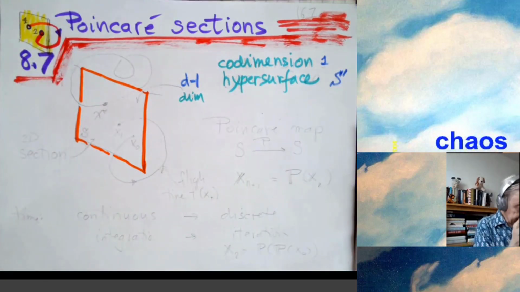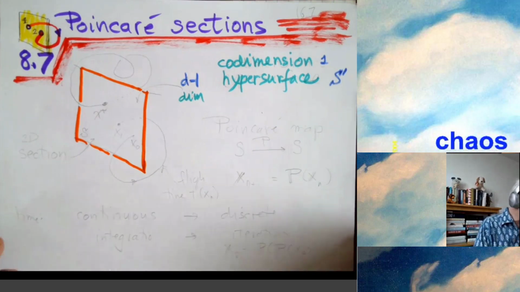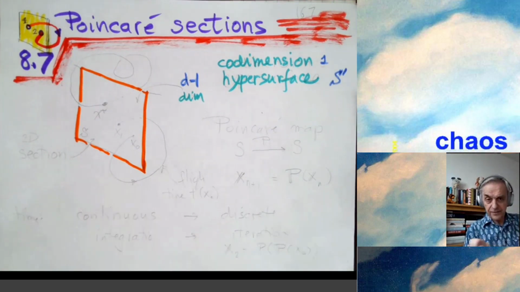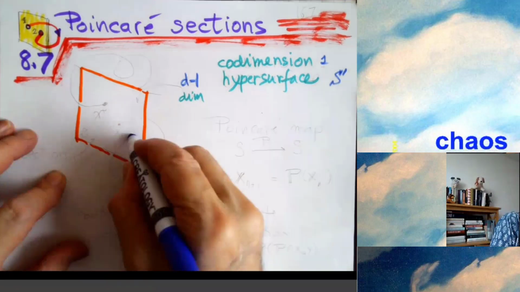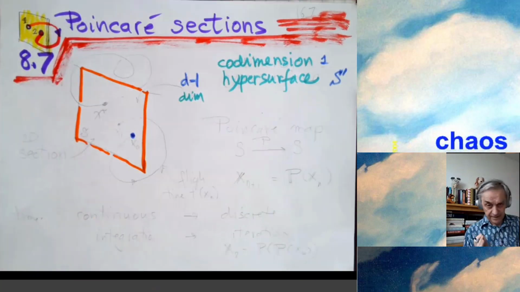And now this hypersurface is chosen so cleverly that equations that you're solving have a property that if you start any place in this surface, equation moves you out of it.